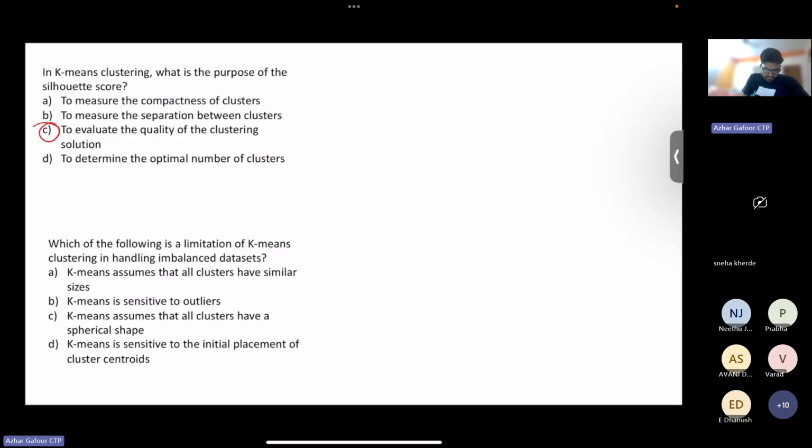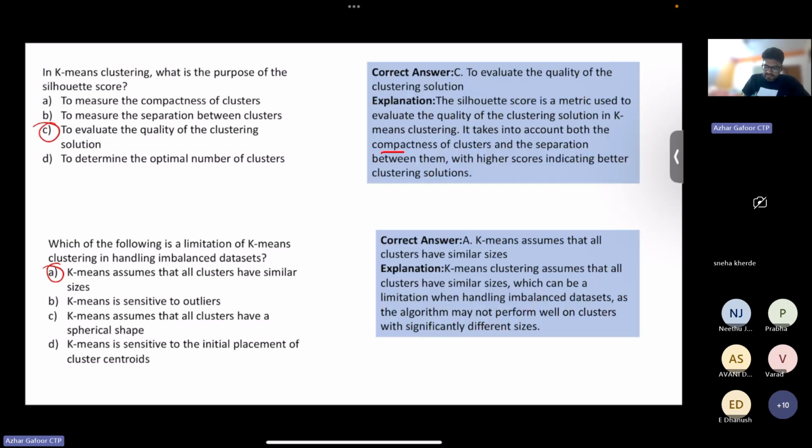A. So the correct answer is A. So here is the explanation. The silhouette score is actually used to evaluate the quality of the cluster. So it actually takes into account both the compactness and separation between clusters.